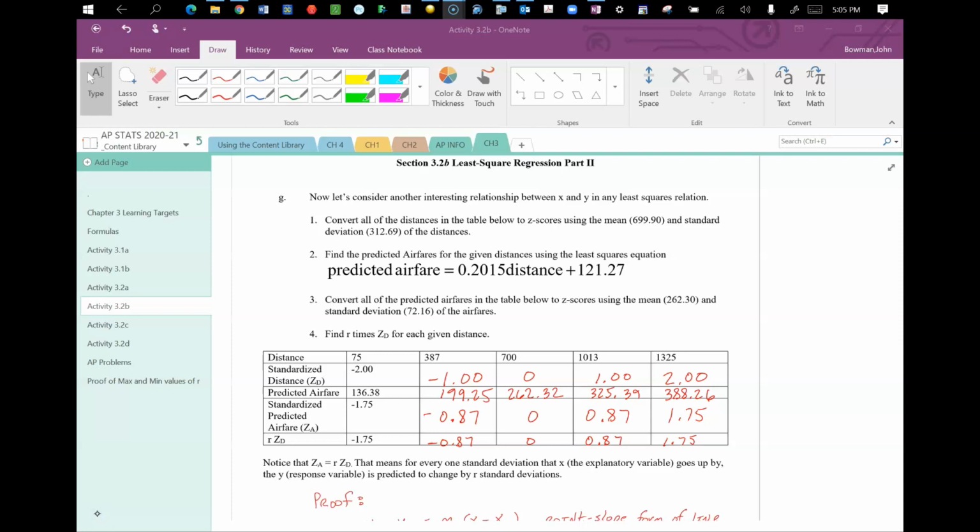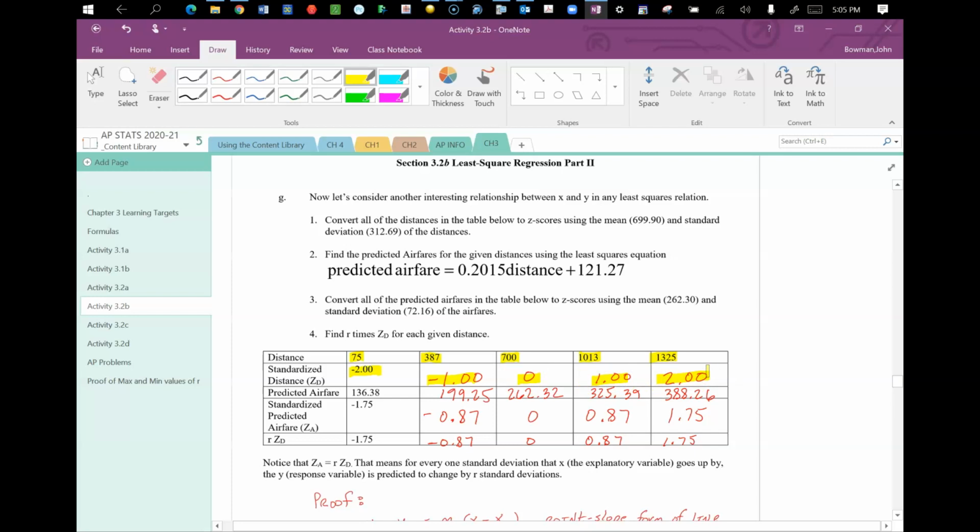And what I want you to notice here is that these distances, when converted to z-scores, convert to nice whole numbers, or integers, excuse me: -2, -1, 0, 1, and 2.